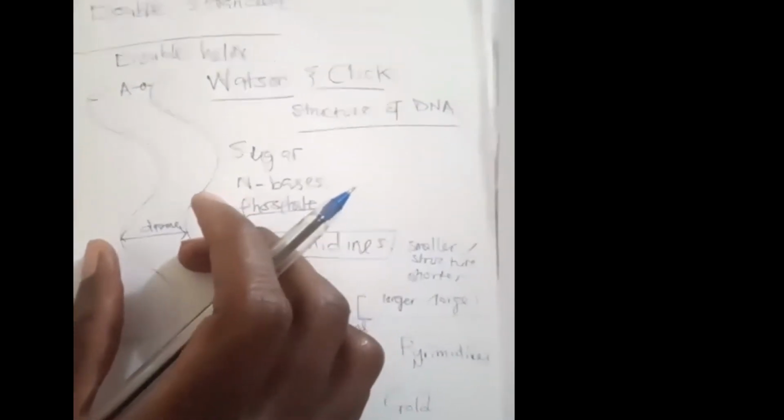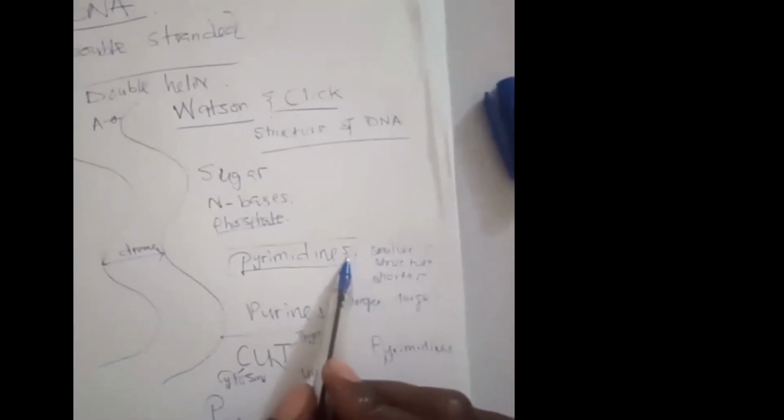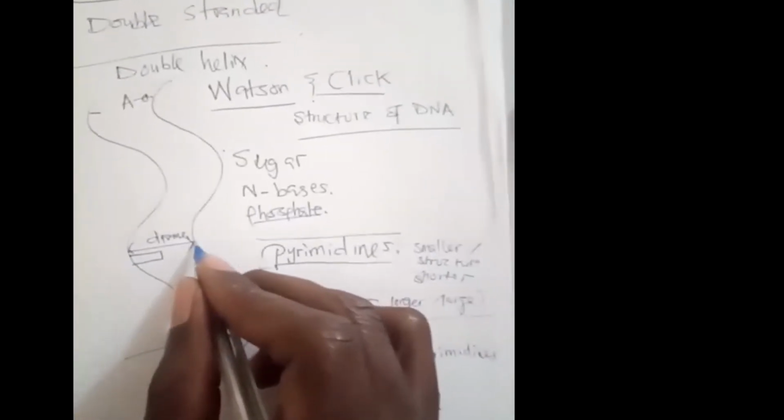In order to fit in the diameter of DNA, the pairing cannot be only pyrimidines, because pyrimidines are short. They will not fit in the diameter. Imagine this one is ending here, and you've got another one ending here.